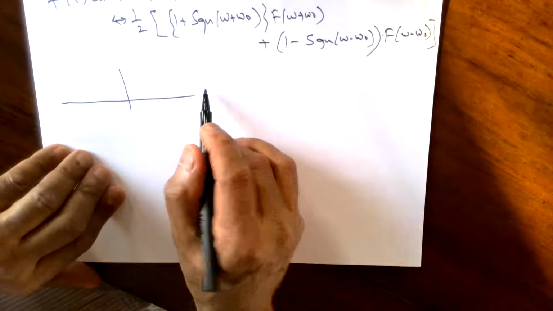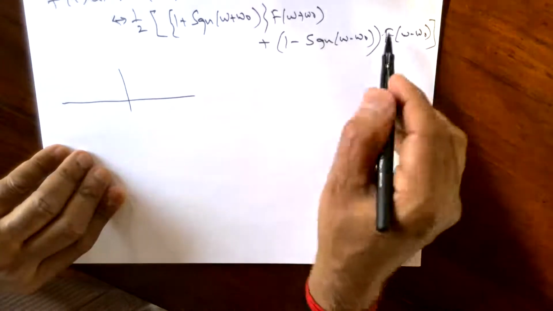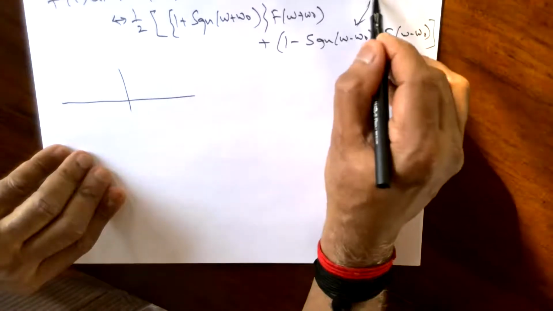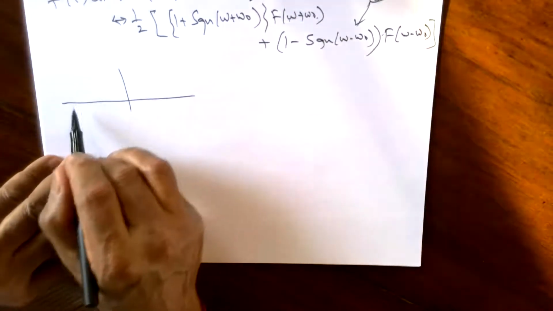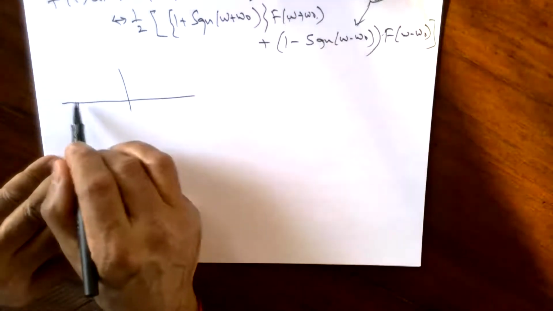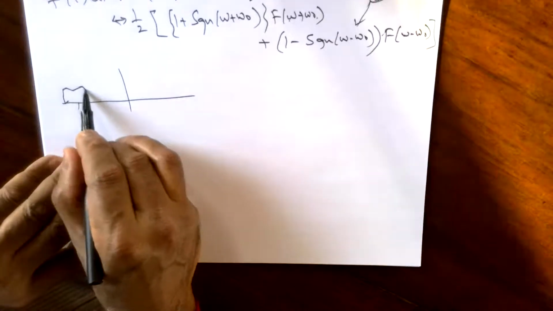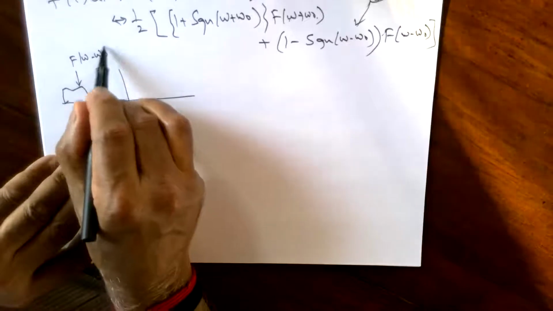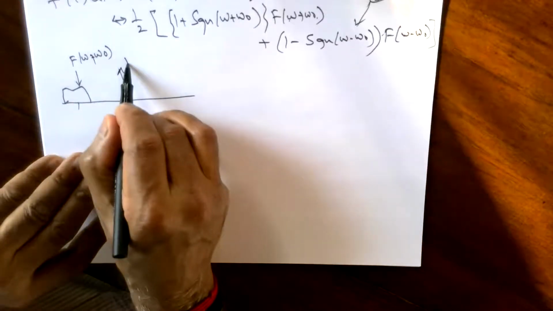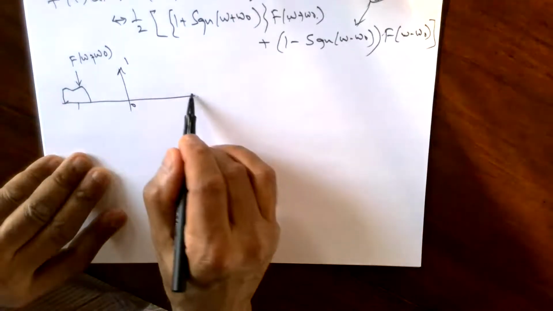So let me take this term. This is the second term, this is the first term. Let's say ω plus ω₀, that's ω equal to minus ω₀. So that graph is here. This is F of ω plus ω₀. This is 0, this is ω.